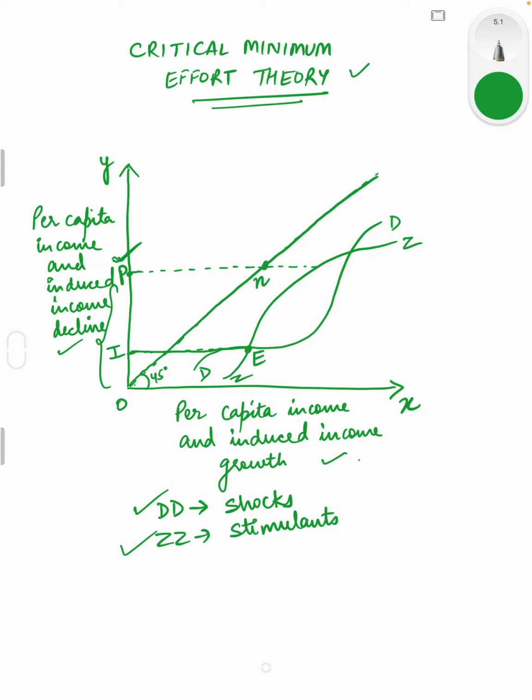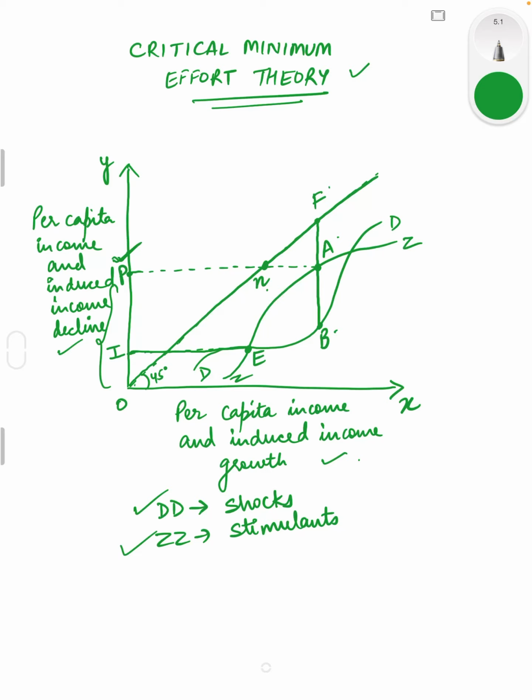Now from n, where it touches the ZZ curve, you can mark that as point A. Then through point A, draw a straight line touching the DD curve below at point B, and also touching the 45-degree straight line at point F. So I have marked these points N, A, B and F.